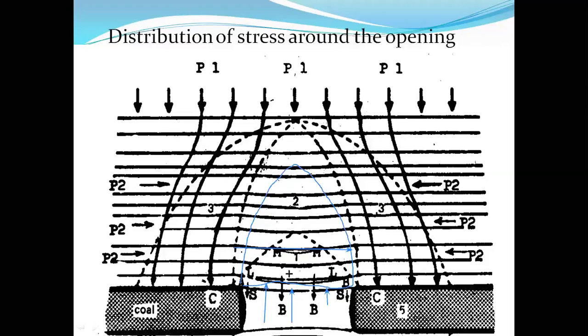So what happens now? It all depends on the overlying layers, how strong they are, whether they are able to sustain on their own, or whether they require some kind of artificial support so that they won't close the opening. If I don't provide any kind of support, as I said, there will be a movement between the layers of the strata.